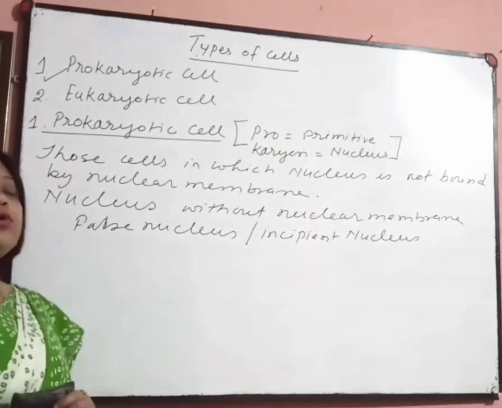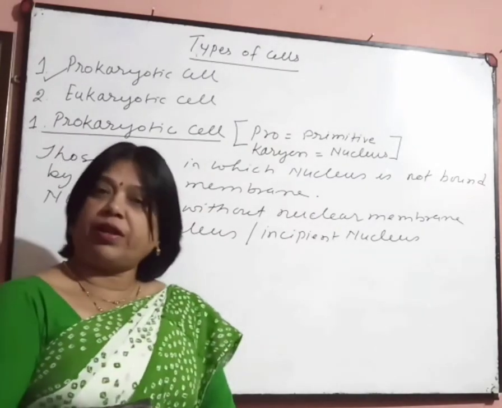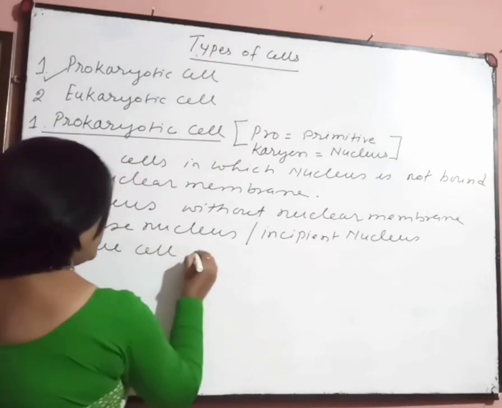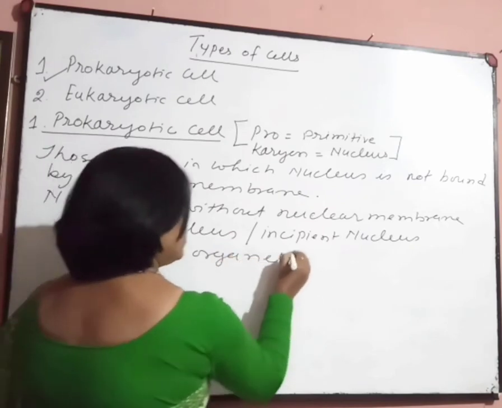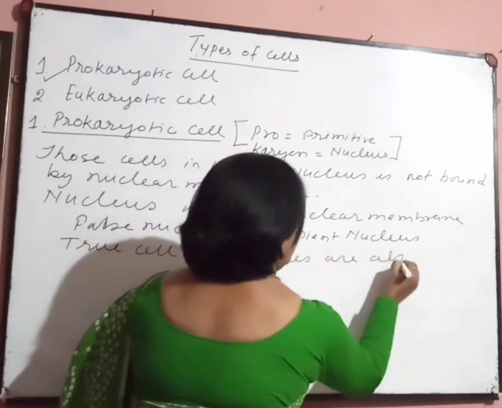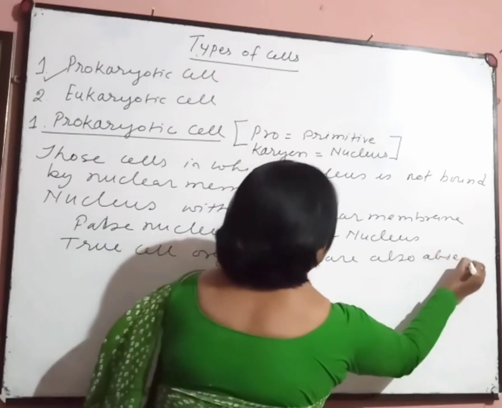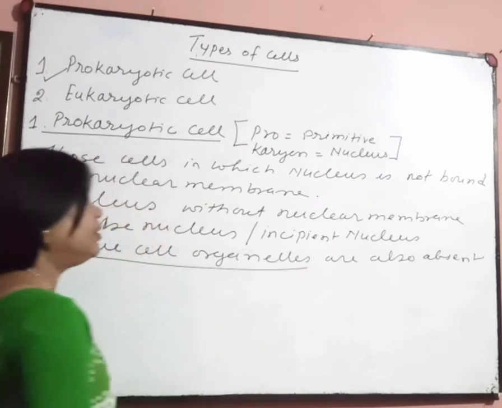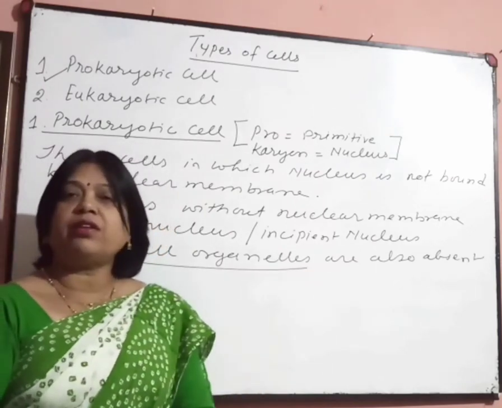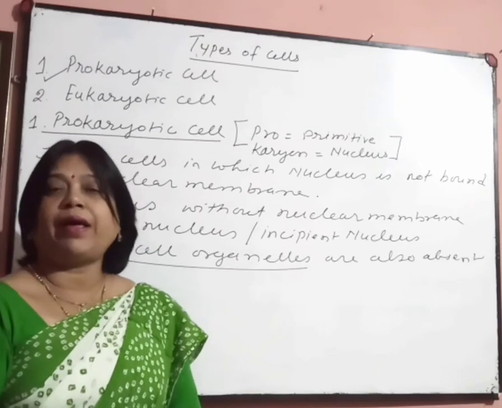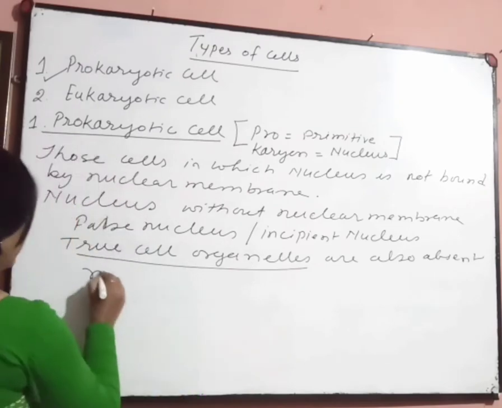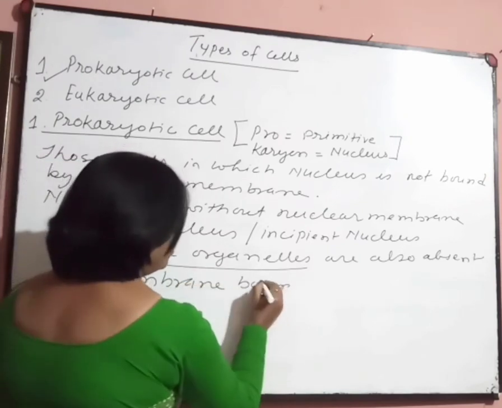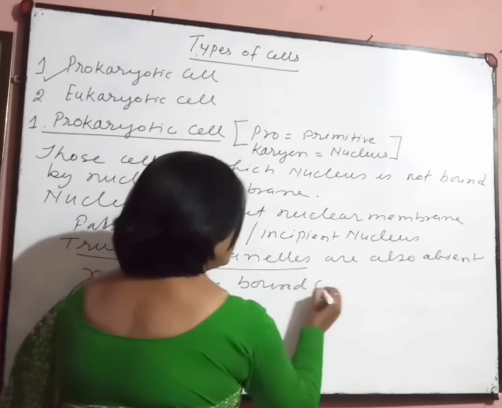So in the prokaryotic cell, two cell organelles are absent. Such cell organelles which are bound by membrane, that means membrane bound cell organelles.